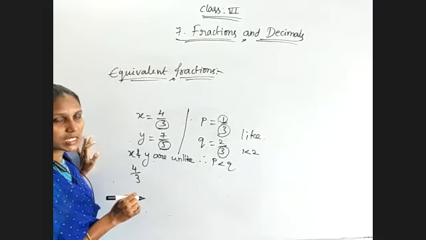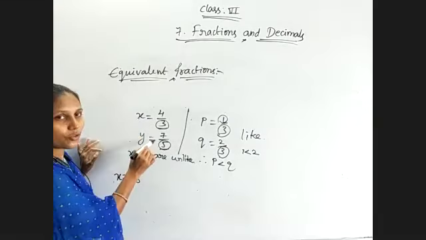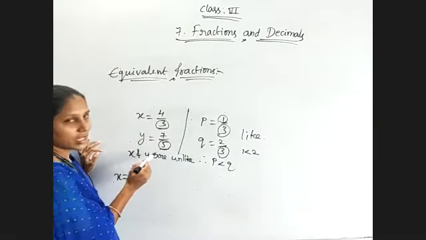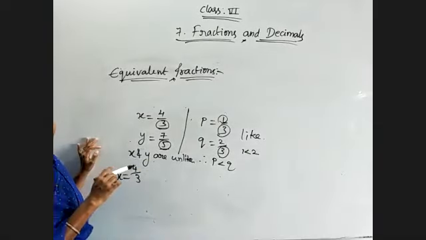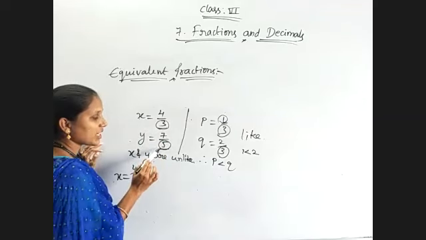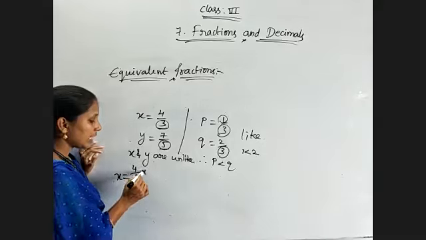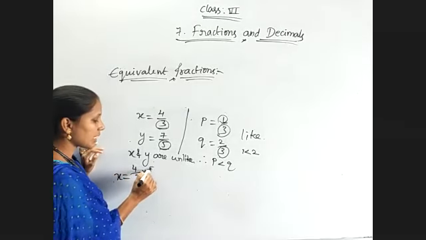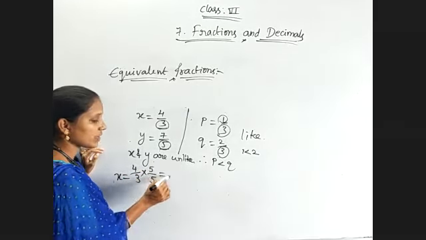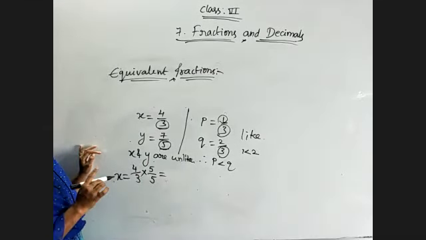Cross multiplication is nothing but this: when I am taking the x value 4 by 3, what is the denominator? We need to change the denominators only. What is the denominator of the next fraction y? 5. Equivalent fractions are obtained when we multiply the numerator and the denominator by the same number, or divide the numerator and denominator by the same number.